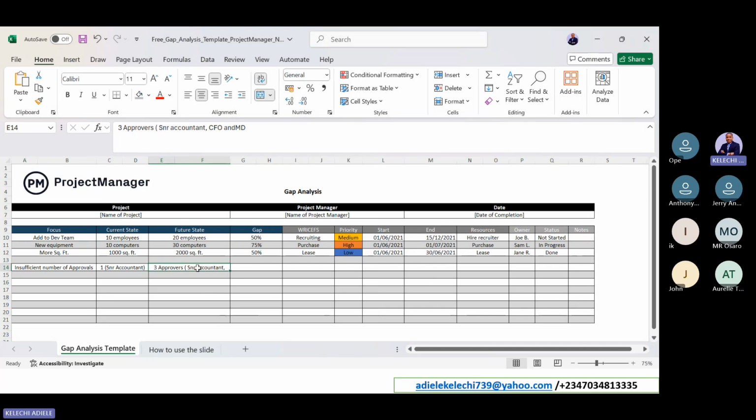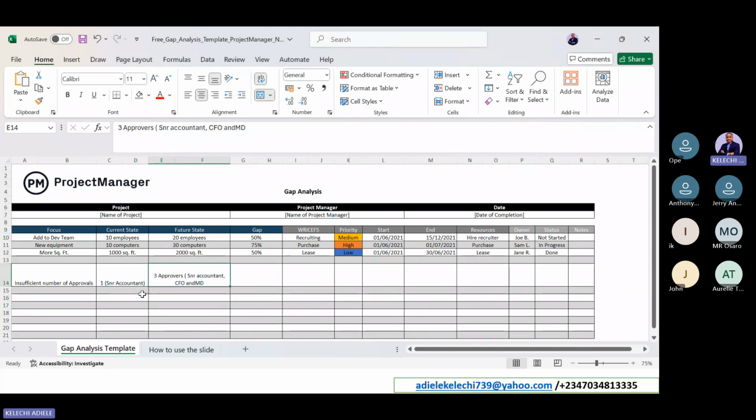Of course, you need to come up with an approval matrix that says for the first 100,000 it's this, for the second 100,000 it's that, for the third 100,000 this.